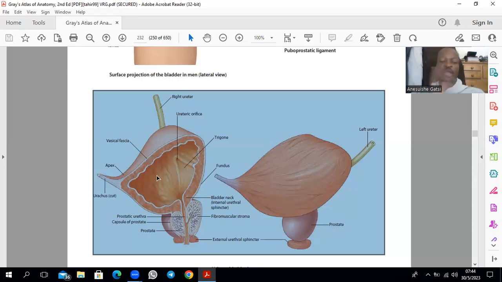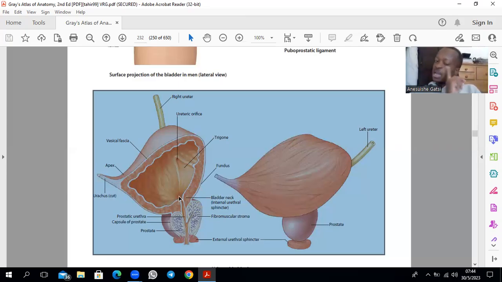You know that story, right? Then the trigone is bounded on top by the ureteric openings, rather the ureteric orifices there. So we have an interureteric ridge. Right. Then we have the urethra below to bound your triangle.